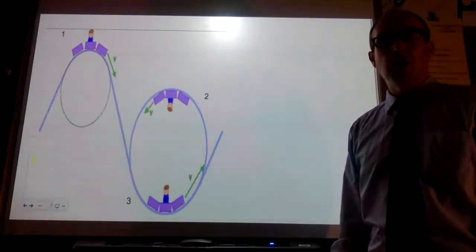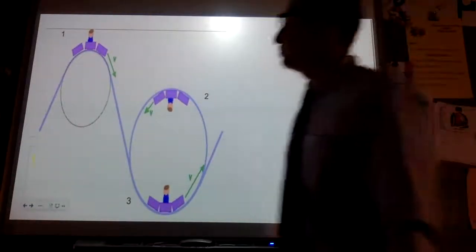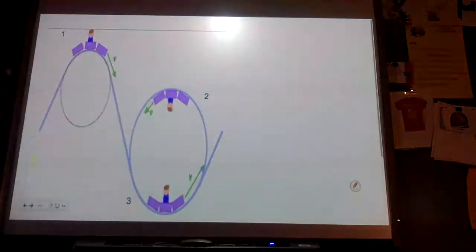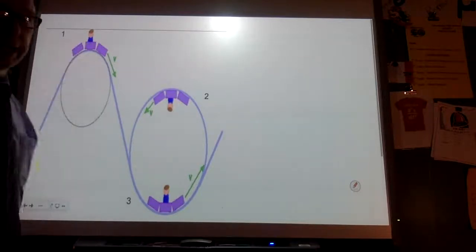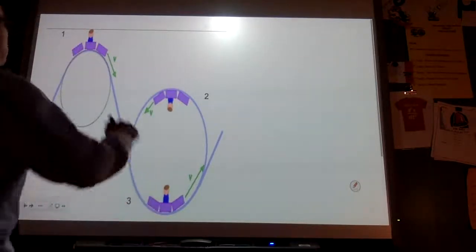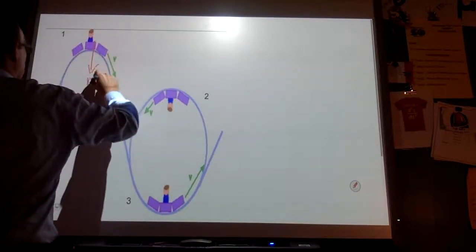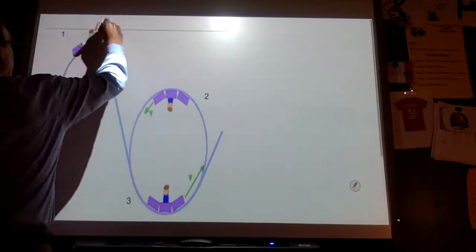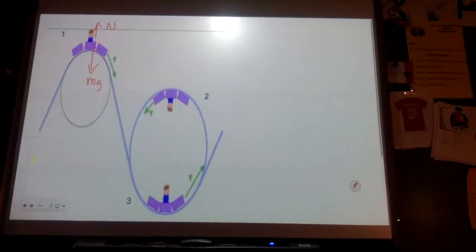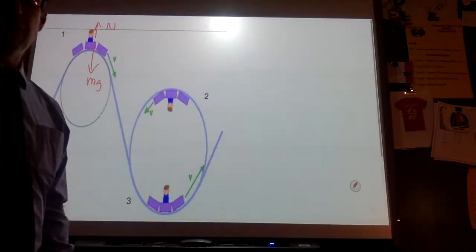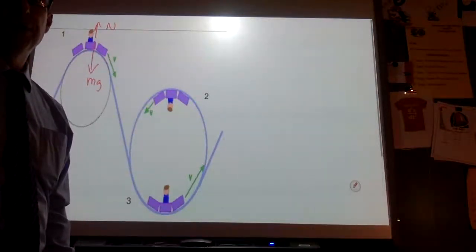All right, so going over a hill. What is my free body diagram? We're going to say that just on the guy sitting in his chair. So for that one, I'm going to say that mg is going down and n is going to go up.